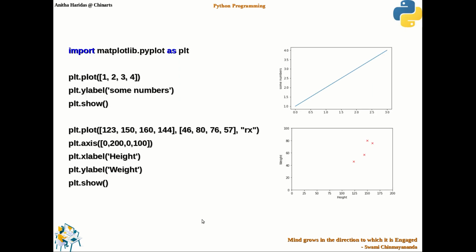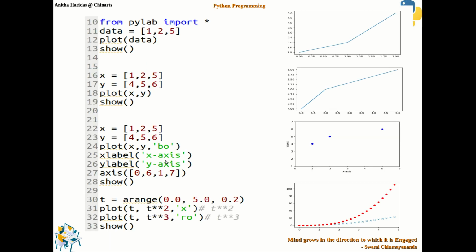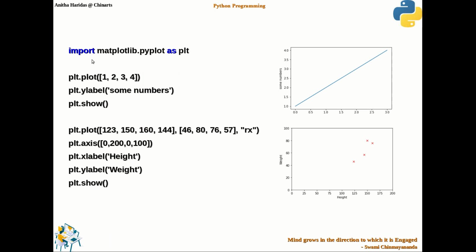This is another example I showed you yesterday. The major difference here is that in the earlier one I am importing all the functions that are available in the PyLab module, whereas here I am importing the PyPlot module from Matplotlib as plt. This is an alias name I give for PyPlot.